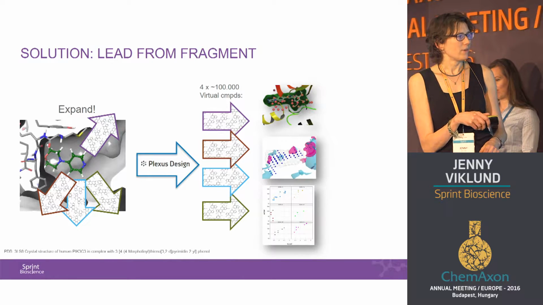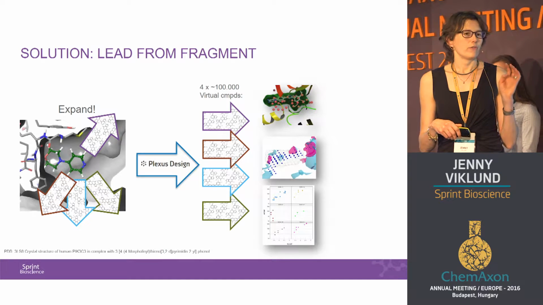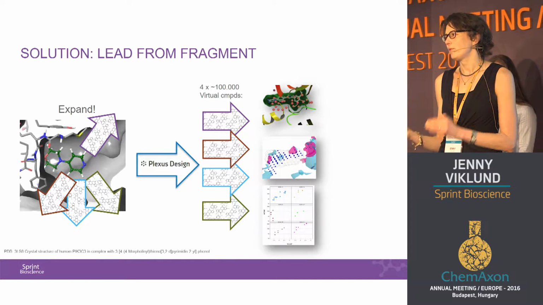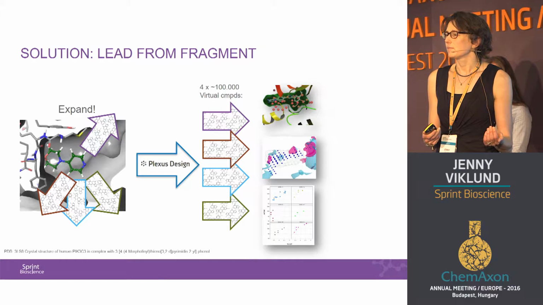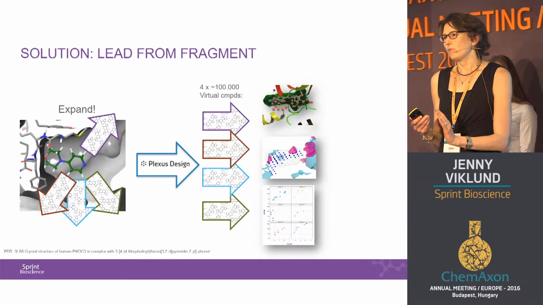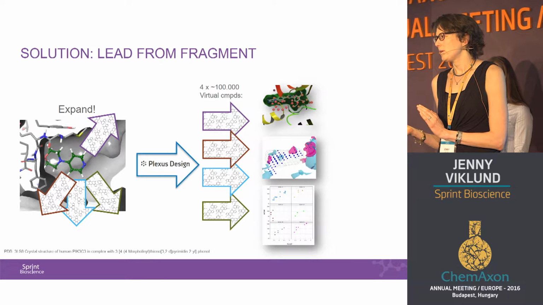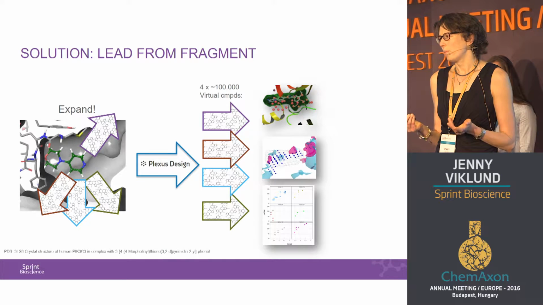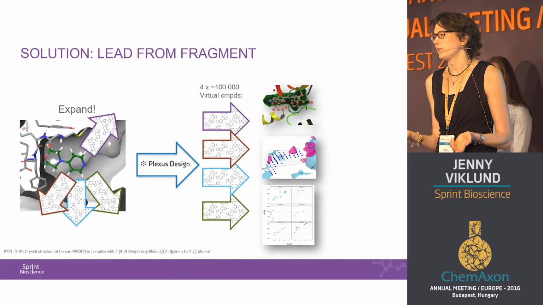So in this plot here below, you can see that for 5 of our 3 series, we actually have a strong correlation between lipophilicity and clearance. So we want to remove all virtual compounds with a log P below 2.5. We also want to remove all compounds below a molecular weight of 450.